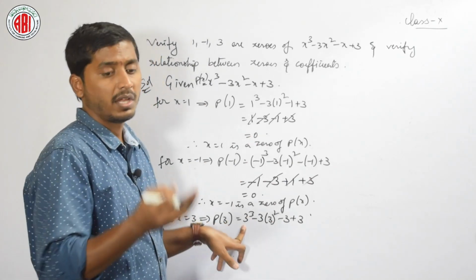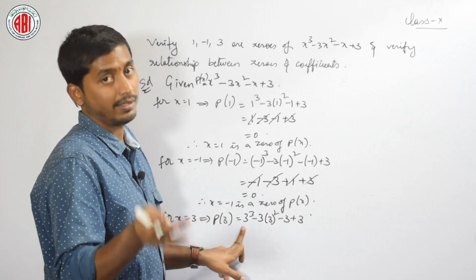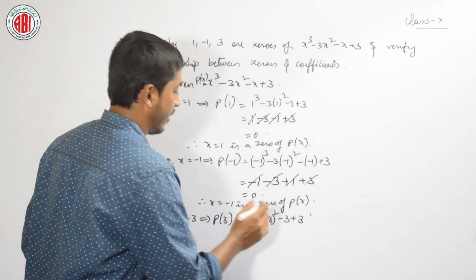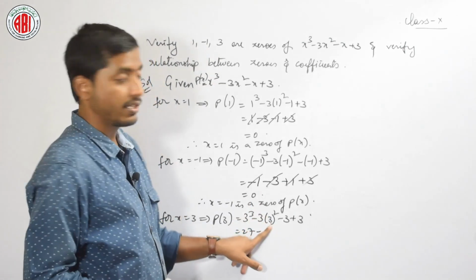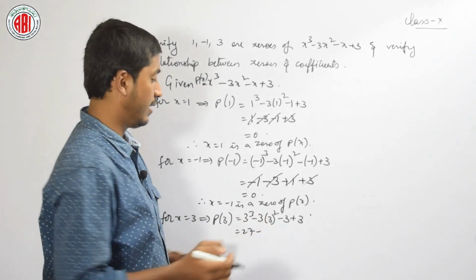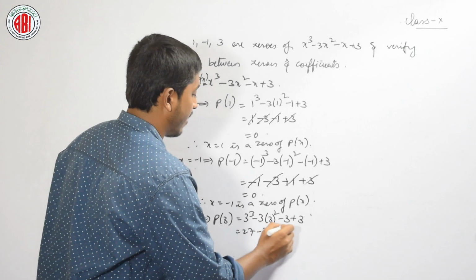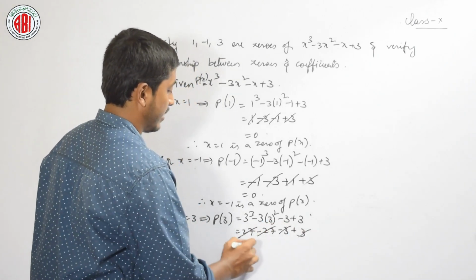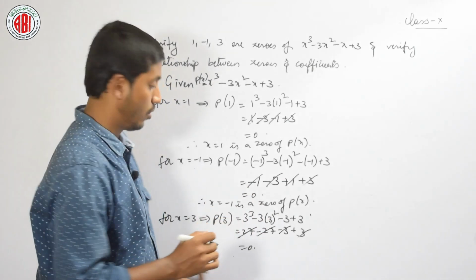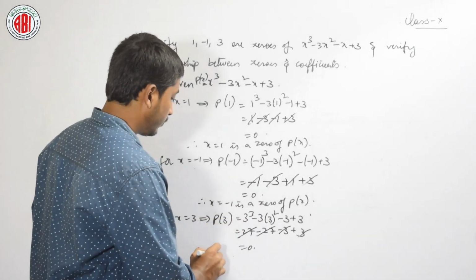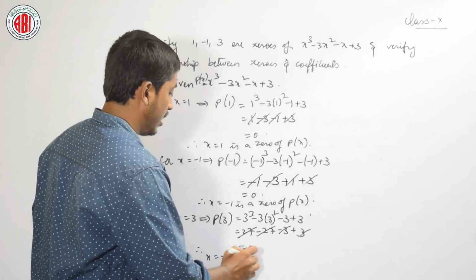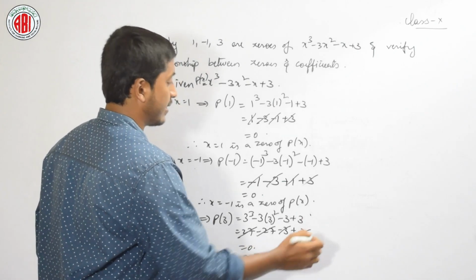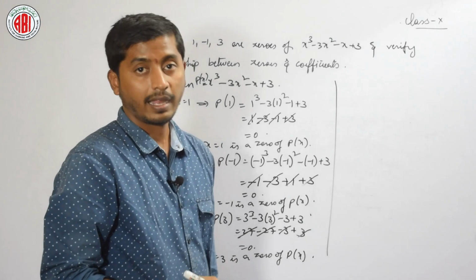What is 3 cube? 3 into 3 into 3, 3 3s are 9, 9 3s are 27. Again 3 square is 9, 9 3s are 27, minus 3 plus 3. Again 27, 27, 3, 3 get cancelled, we get it as 0. Therefore, x is equal to 3 is a 0 of p of x, isn't it, right?